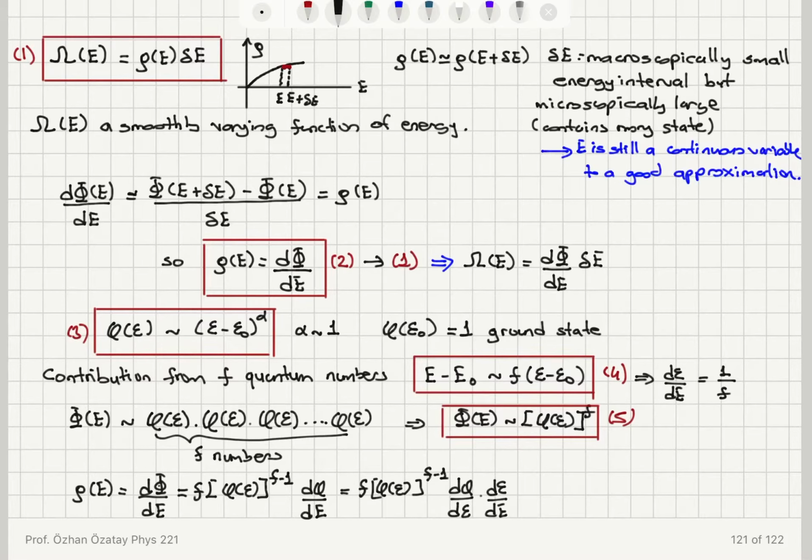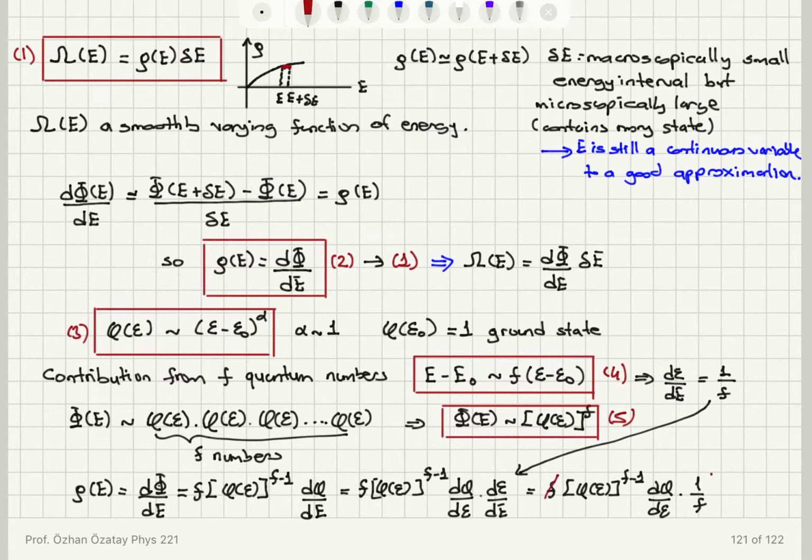Because epsilon minus epsilon 0 is E minus E0 divided by f, so the derivative with respect to E gives me 1 over f. So I'm going to plug that here. So I get f times phi of epsilon to the f minus 1 d phi d epsilon times 1 over f.